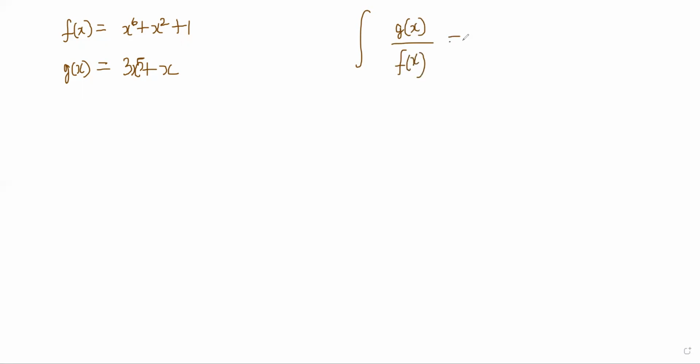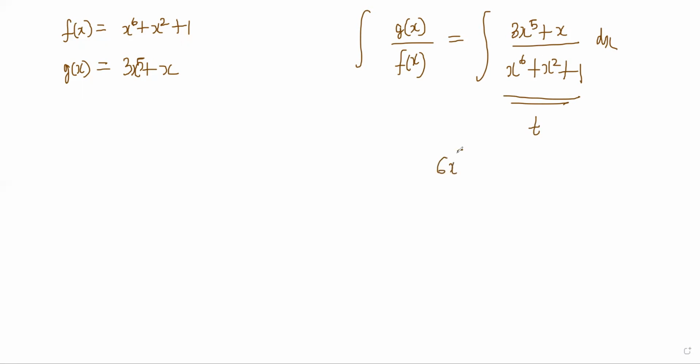So if you do integral of g of x by f of x, you realize that this is 3x power 5 plus x by x power 6 plus x squared plus 1. So notice that now you can take this as t and the top part will be just 6x power 5 plus 2x dx is equal to dt. So you can take 2 common and 2 into 3x power 5 plus x dx.